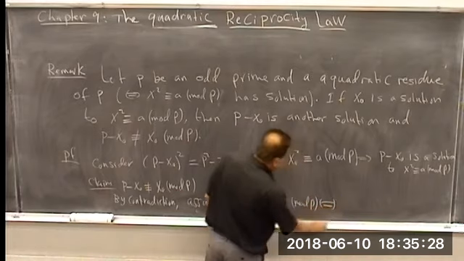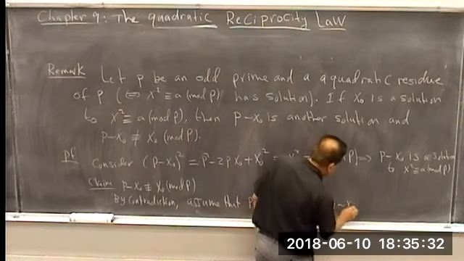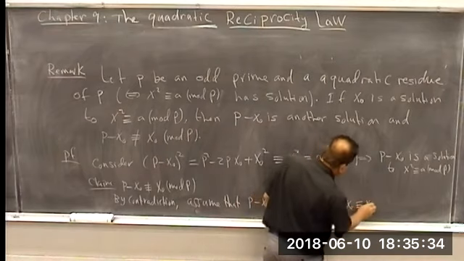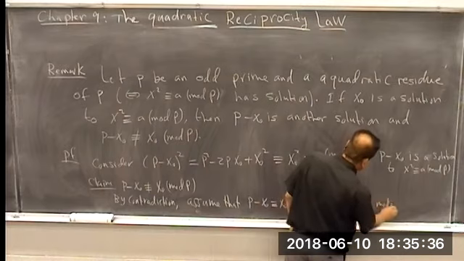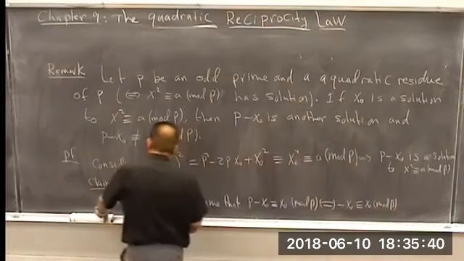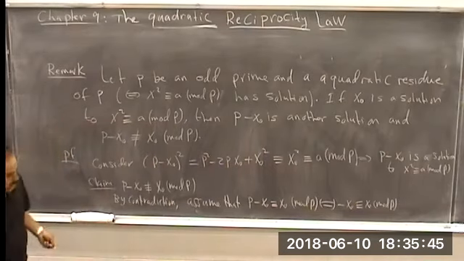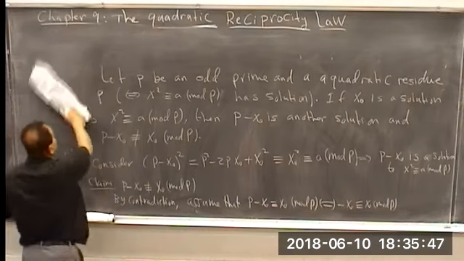And this is equivalent, we can cancel: p minus x sub 0 is congruent to x sub 0 mod p. And this in itself implies 2x sub 0 is congruent to 0.